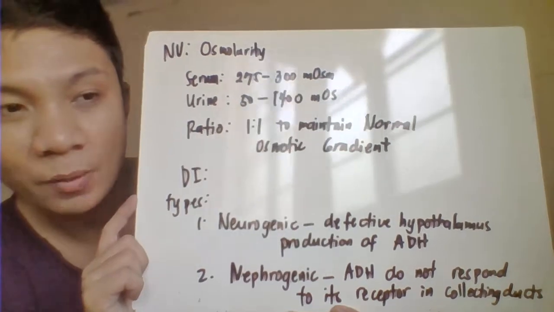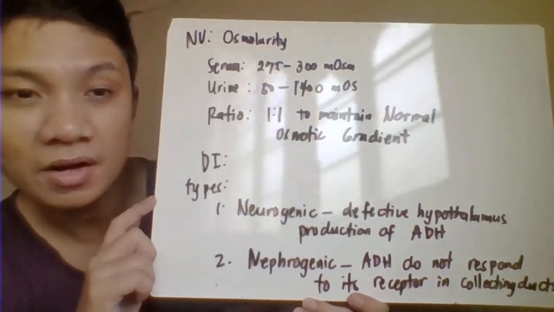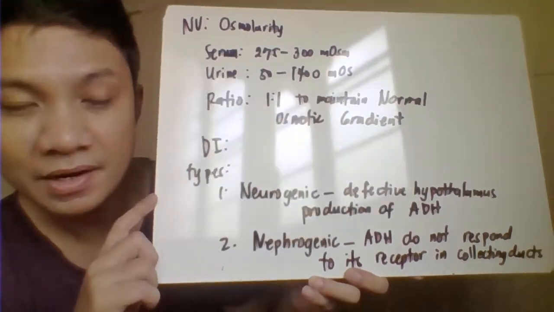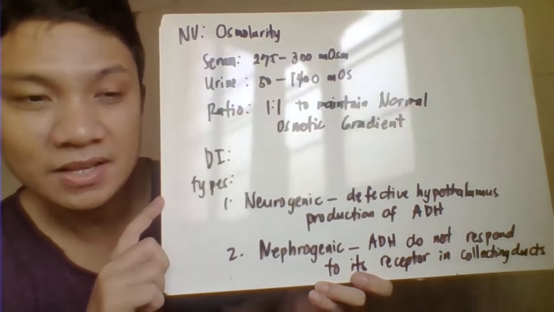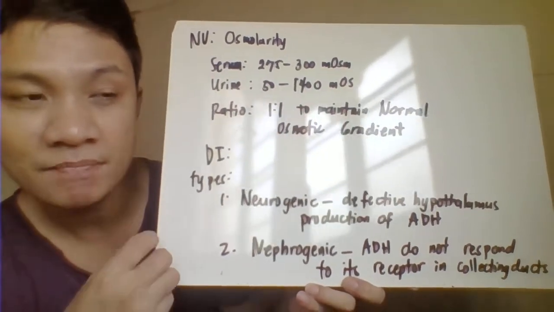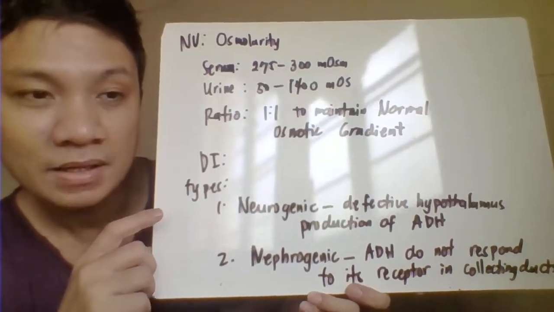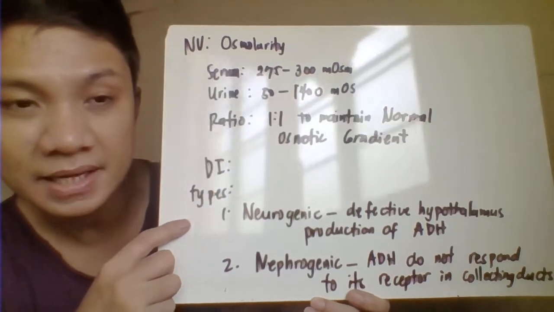Okay, again, we could use this value to differentiate the different causes of your diabetes insipidus. Again, there are two types or mechanisms why you have defective reabsorption of the water in the collecting ducts related to your diabetes insipidus. One, we have the neurogenic.